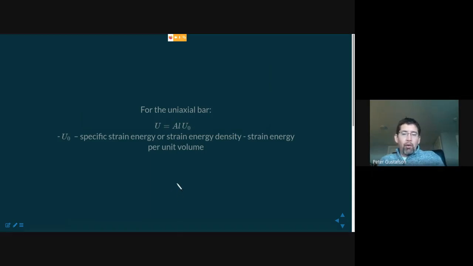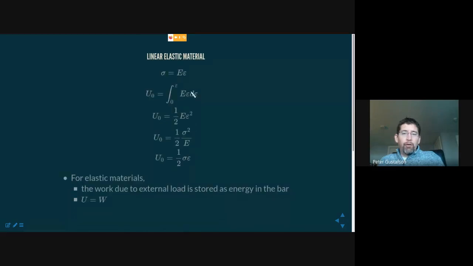I think we have gone through and done that. For a linear elastic material, we know that stress is just Young's modulus times strain. And because now this is a linear problem, this becomes much easier. The strain energy density is 1/2 E, the modulus, times epsilon squared, so it goes as the strain squared.